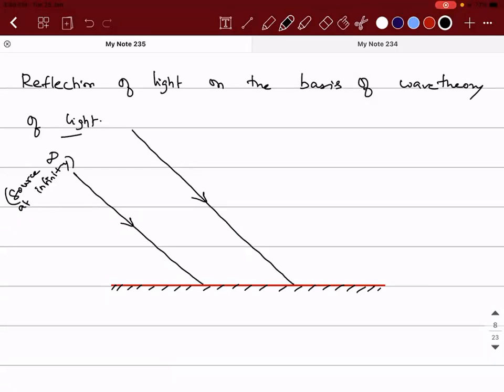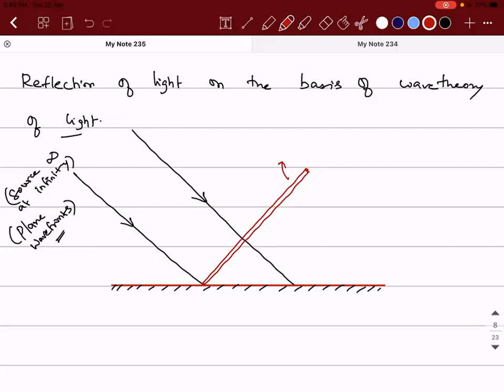We already know, a source at infinity will have plane wavefronts. So when these rays are hitting here, I can take a wavefront which is perpendicular to the first incident ray, because rays and wavefronts are always perpendicular to each other.